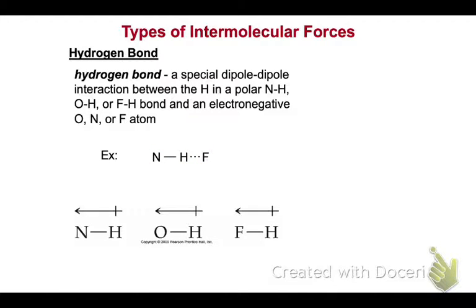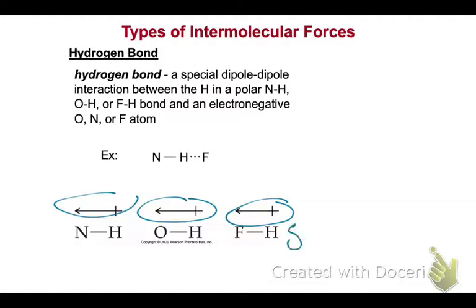Why do I have to have the hydrogen bonded to one of those three atoms? What do these three atoms have in common? Two things. They are very electronegative and they are very small. What does that mean to me? Very electronegative means that this bond is very polar, all of them, which means I have a large partial positive and a large partial negative, and so on.